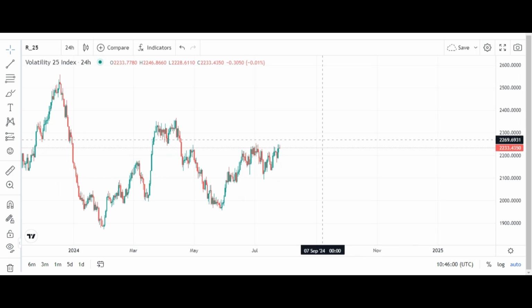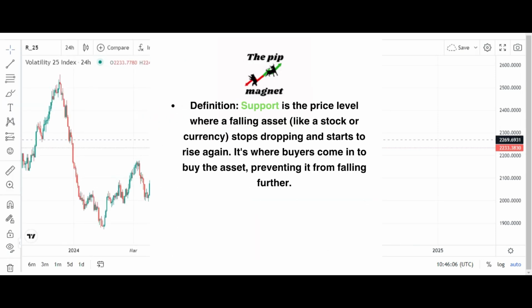And let me just give you a little bit of a definition and how it actually works. Support is the price level where a falling asset, like a stock or currency, stops dropping and starts to rise again. It's where buyers come in to buy the asset, preventing it from falling further.